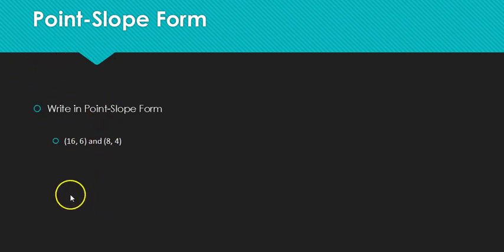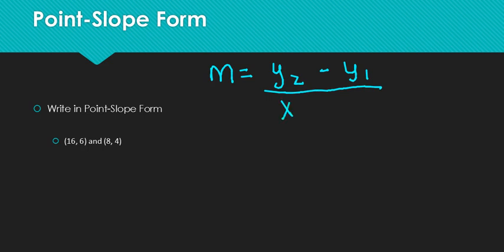Again, it's asking for point-slope form, but this time we're given 2 points. We know how to find slope, right? Slope is y2 minus y1 over x2 minus x1.